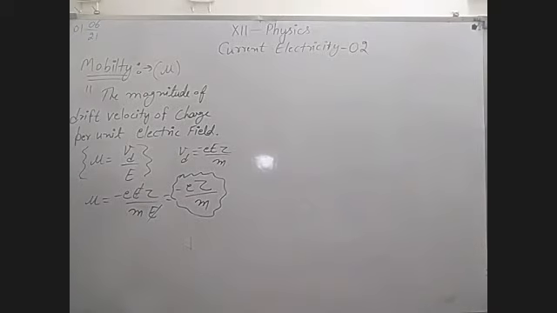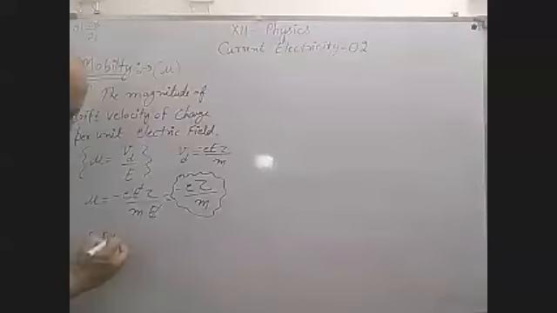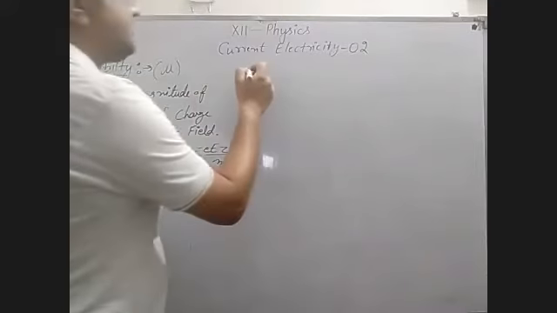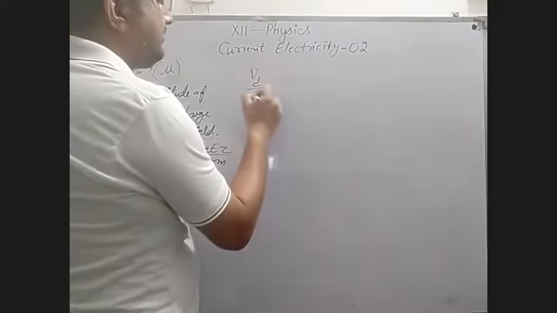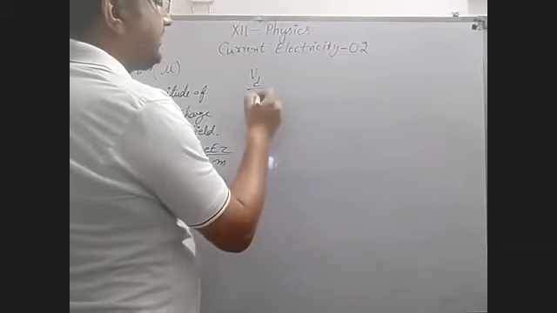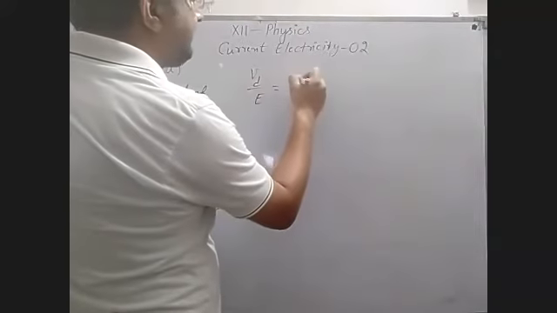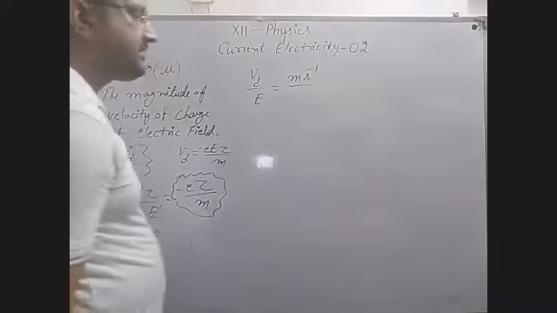Now, what is the SI unit of mobility of electron? You know, mu = Vd/E, so you can calculate this also. Vd upon electric field E. What is the unit of velocity? Meter per second.